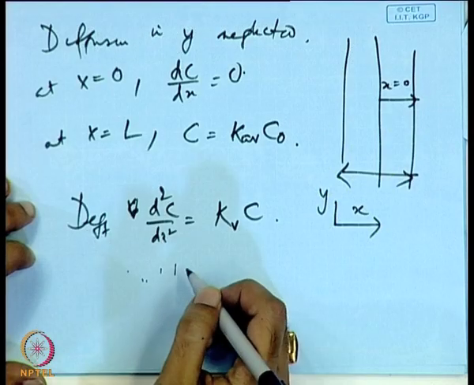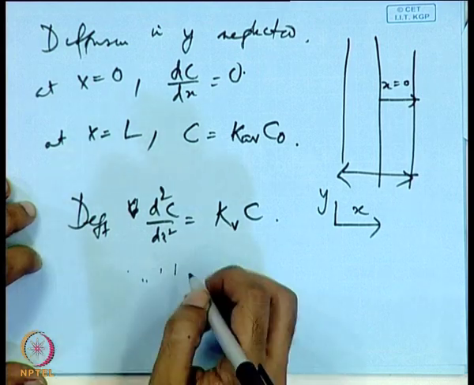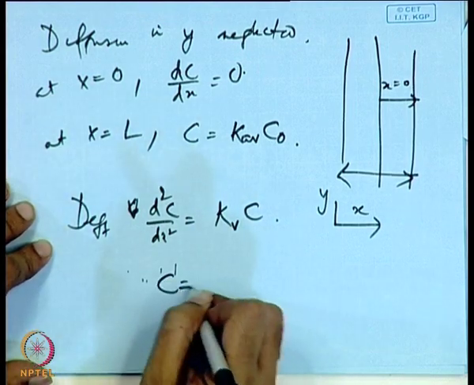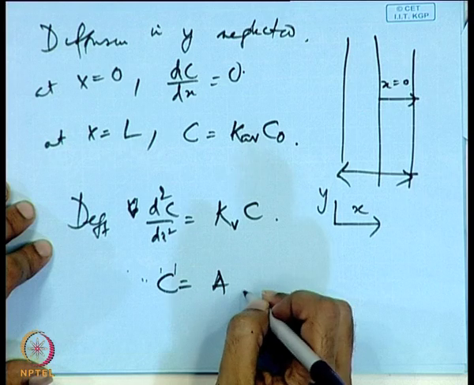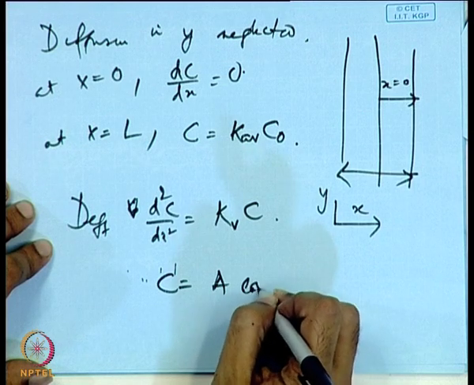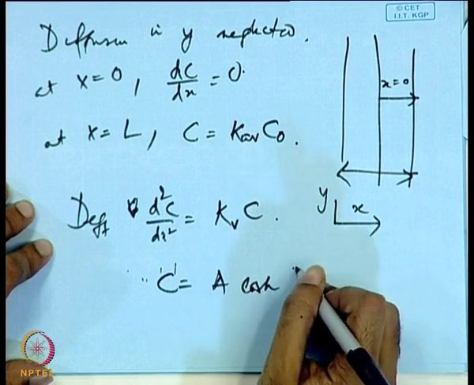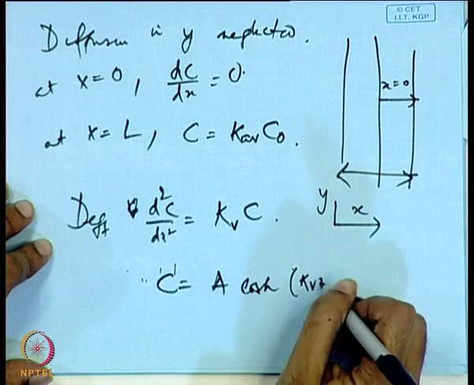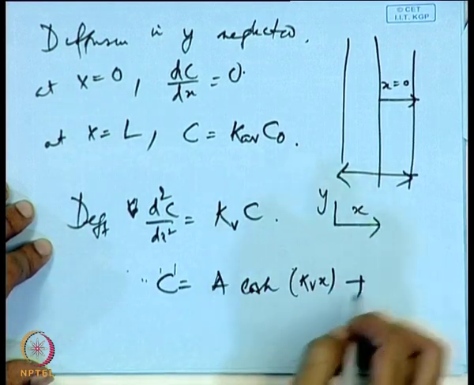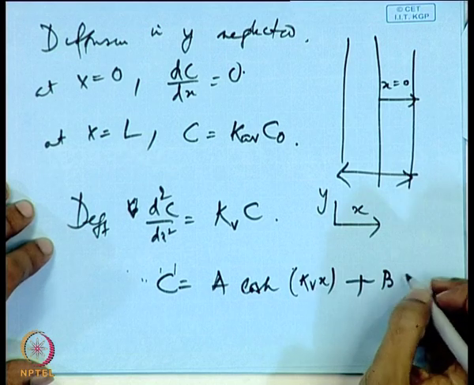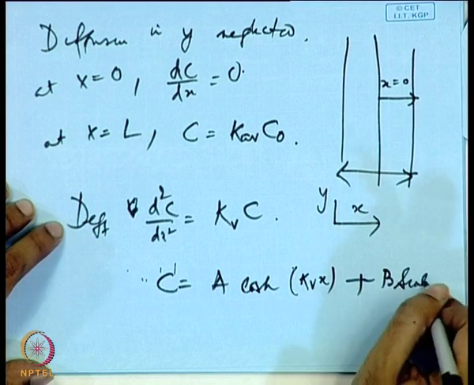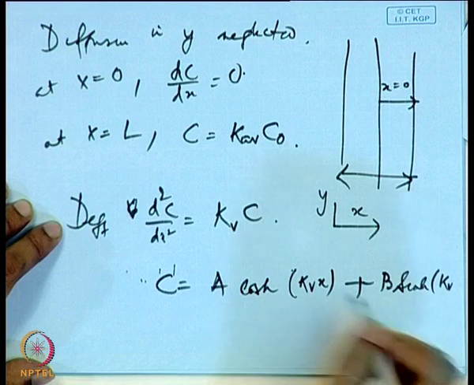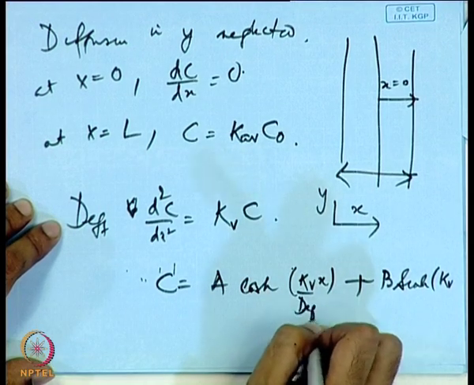So anyway, the solution would be C equals A cosh. I'm going to do this a little differently later, that is, do the dimensionless form and all that. But just to give you a sense, kV over D effective.